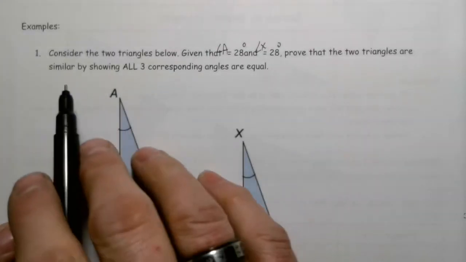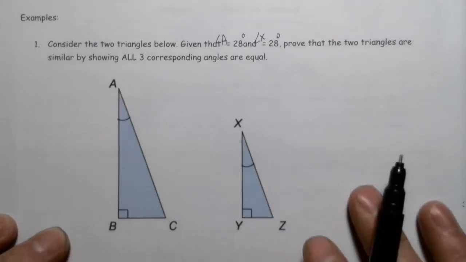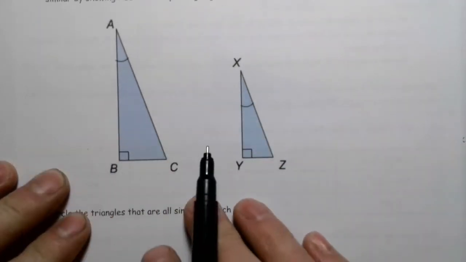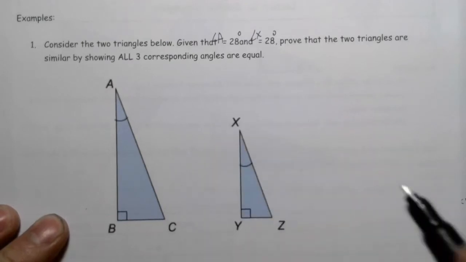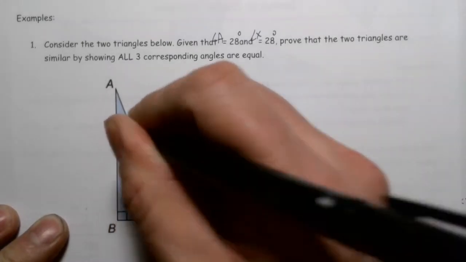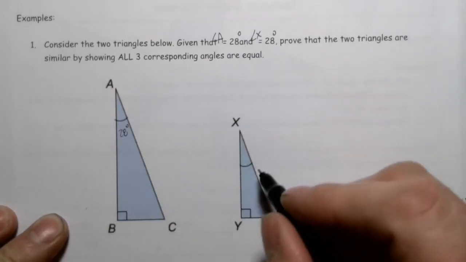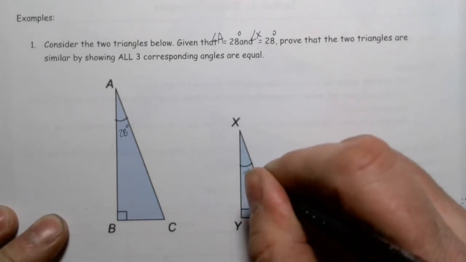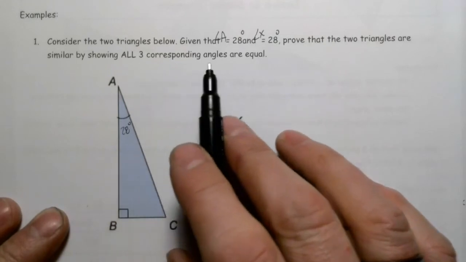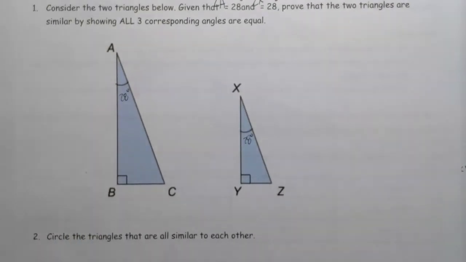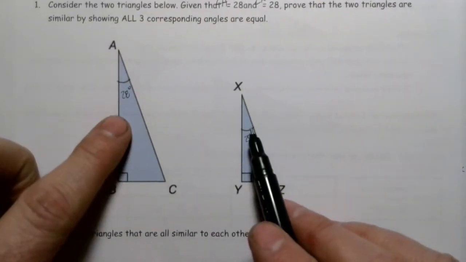Okay, so this question says, consider the two triangles below, ABC and XYZ. Given that angle A is 28 degrees, and I had to write that in, it didn't print out here, and angle X is 28 degrees, prove that the two triangles are similar by showing that all three corresponding angles are equal. We've already been given that these two angles are the same.